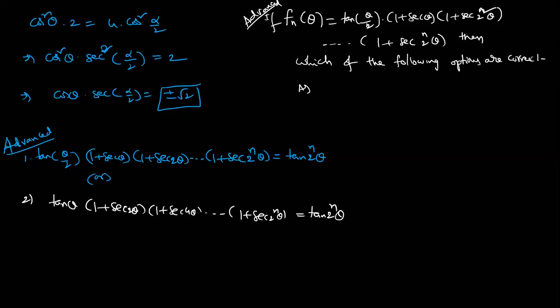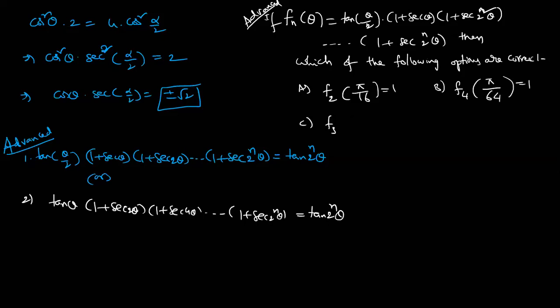A, f_2(pi/16) is equal to 1. See the question carefully. B, f_4(pi/64) is equal to 1.